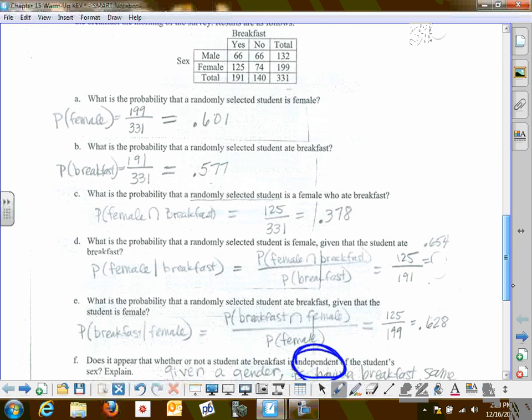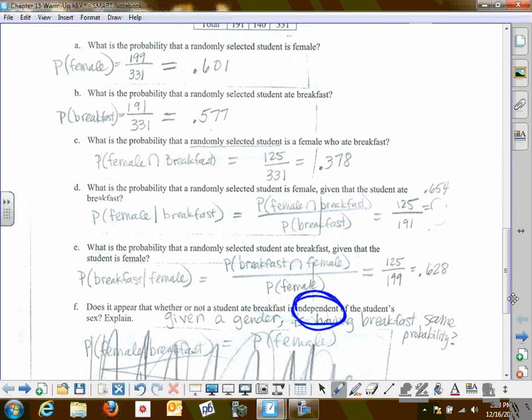All right. Here is the breakfast and gender problem. I think A, B are pretty straightforward. C, D, and E are very subtle differences. Okay, so you have really got to be on your game on that language for C, D, and E. So this is a female and eats breakfast, so that's out of all students.